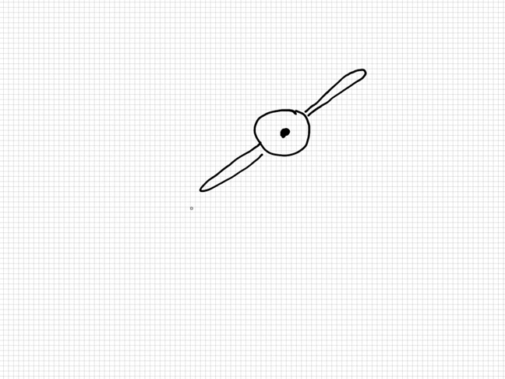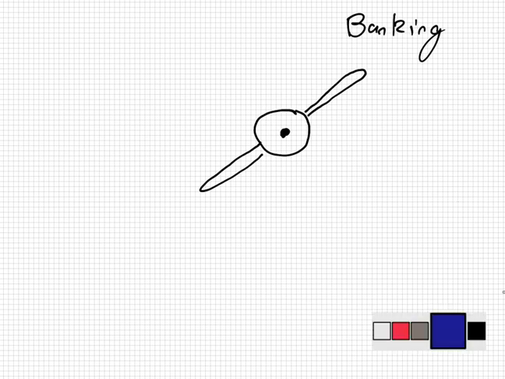It's a plane, and it's going in a circle. But there's a word here in English called banking. This is when your plane turns at an angle so it can go in a circle. Right. How many forces here?